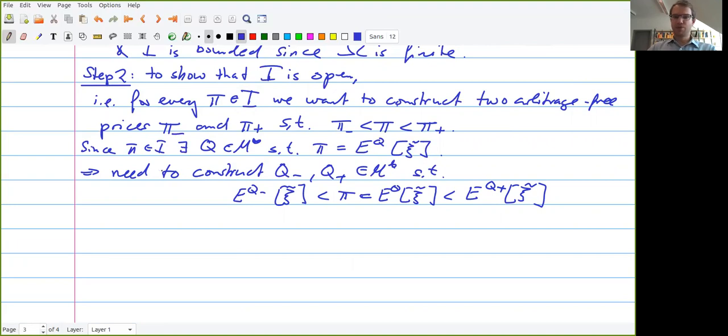Okay, so we want to construct this Q minus and Q plus. The first thing is, we have this Q and the associated price process. So let us define the following martingale.